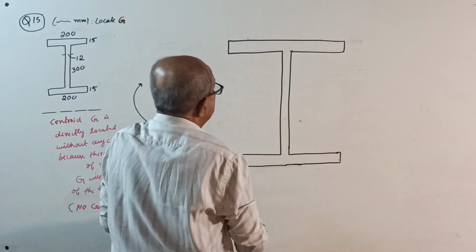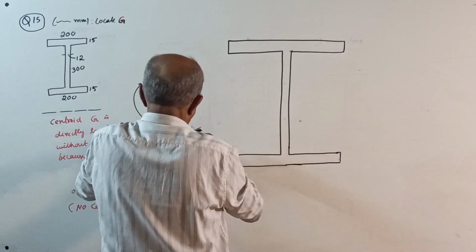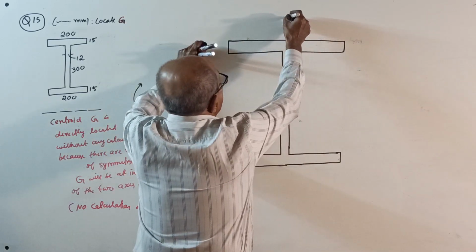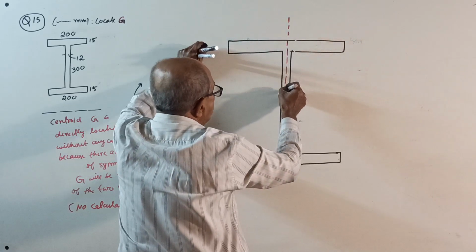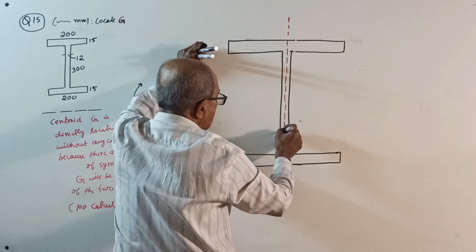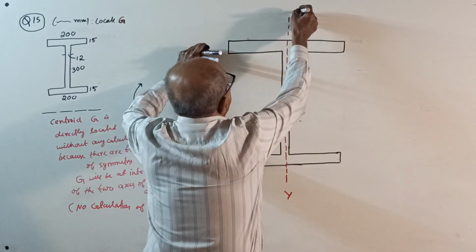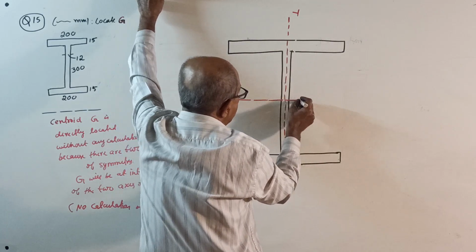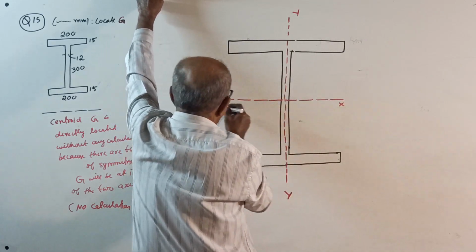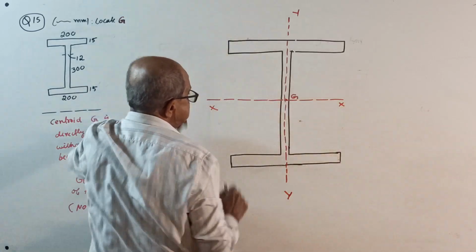See now, first right. For this question, see, this is axis of symmetry. One of the axis of symmetry. Usually we call this as YY later, remember. Okay, I'll write YY if you want. One more axis of symmetry is here. I will call XX. The intersection point is centroid G. Over.